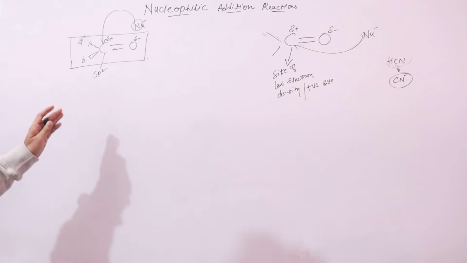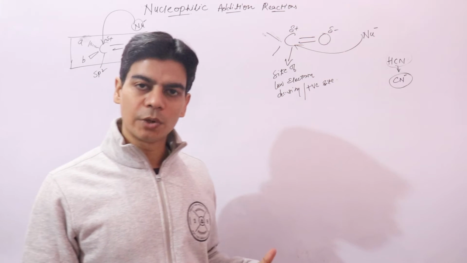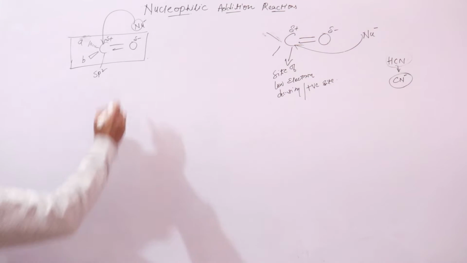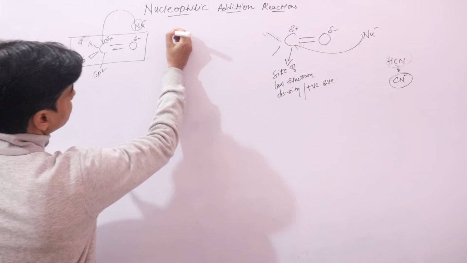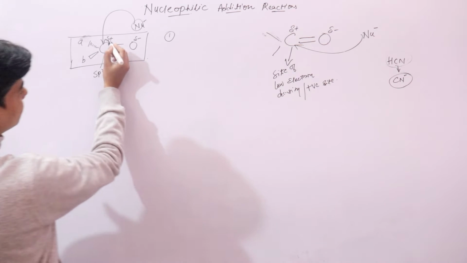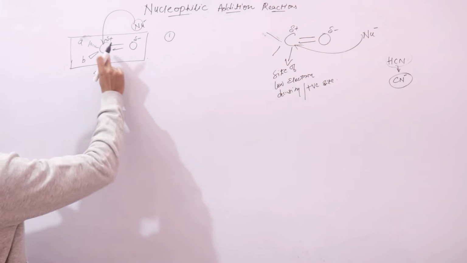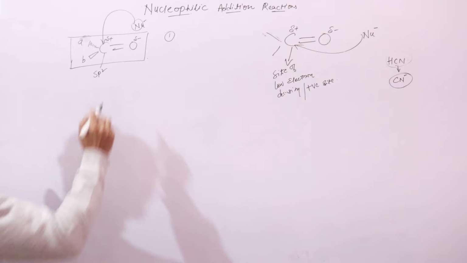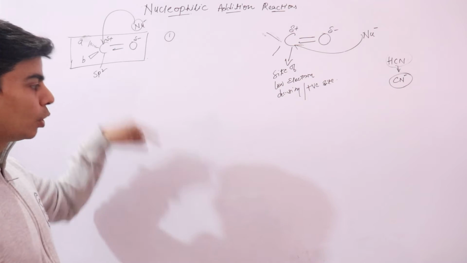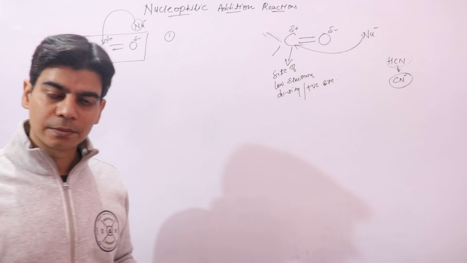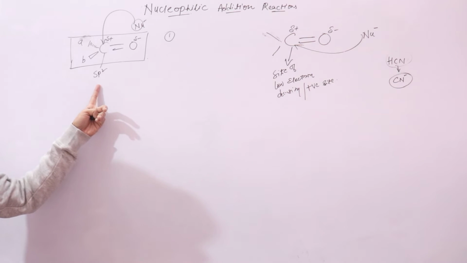Now let's look into some of the changes that take place when a nucleophile attacks the carbonyl carbon. The first thing that happens is that when it attaches itself to the carbonyl carbon, we know that carbon is tetrahedral in nature, and this carbonyl was planar. If you remember, it was trigonal planar because the carbon was sp2 hybridized.